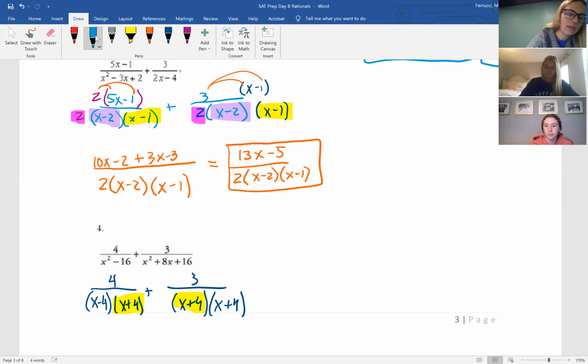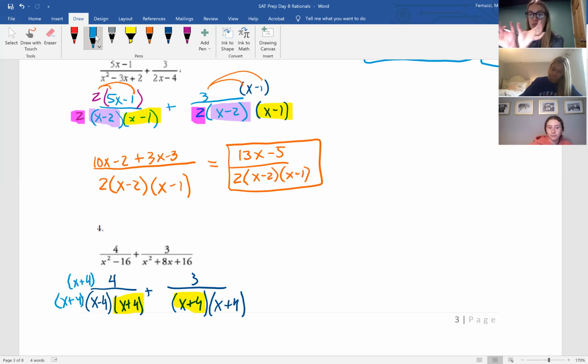Another x plus 4. Yep. Does that make more sense? Yeah, I was going to put that, but I wasn't sure. Right. This one's a little different because there's two of the same factor in one, so you have to account for that: this one has it, so does this, but this one has another one, so this one has to have another one. They should be exactly the same. Yep, good question.